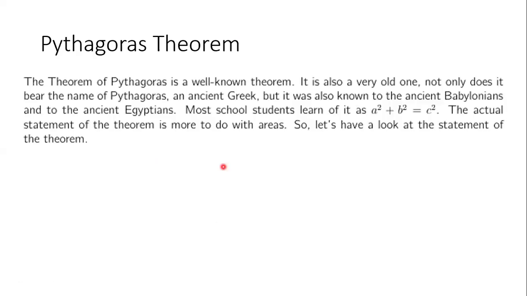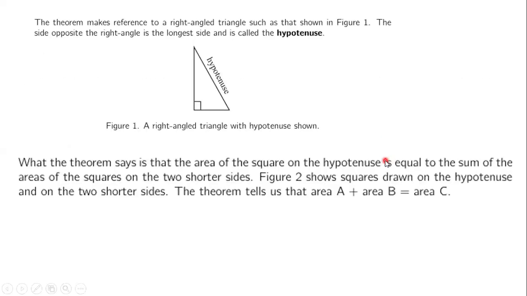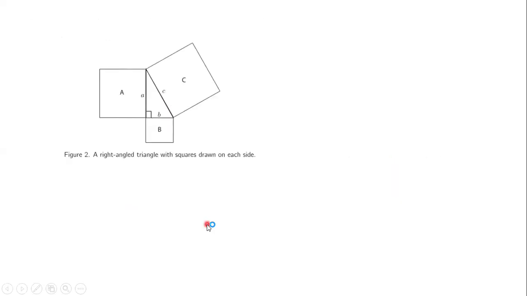If I recall the Pythagoras theorem, you just know it as stated here: a squared plus b squared is equal to c squared, right? Simply saying that the area of the square on the hypotenuse is equal to the sum of the areas of the squares on the two shorter sides.